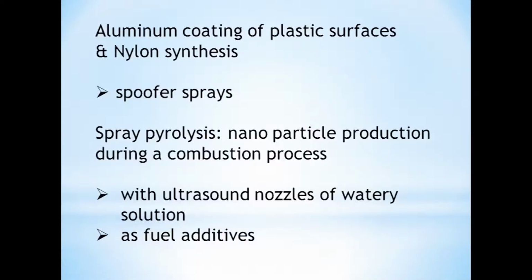And from this knowledge, like with a jigsaw puzzle, you can reverse engineer what chemtrailing is. Basically the topics they are dealing with are aluminum coating of plastic surfaces, which is a big issue, and the synthesis of nylon fibers especially.